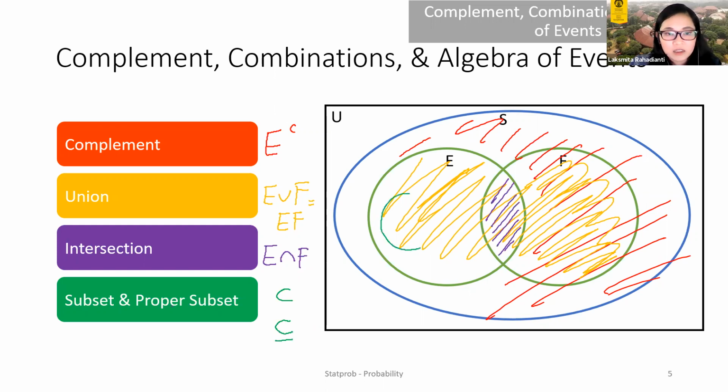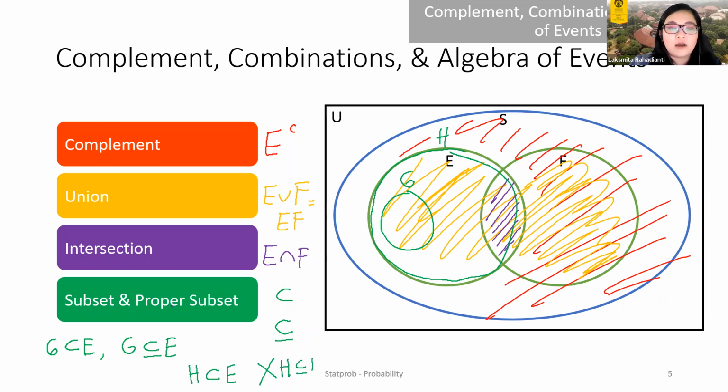So if I had a smaller subset like that, I could write G is a subset of E. I could also write G is a proper subset of E. But say, for example, if I had an identical set, another set here, which is, for example, H, then I could write H as a subset of E, but I cannot write H is a proper subset of E because H equals E. So do not use this for non-proper subsets of E.